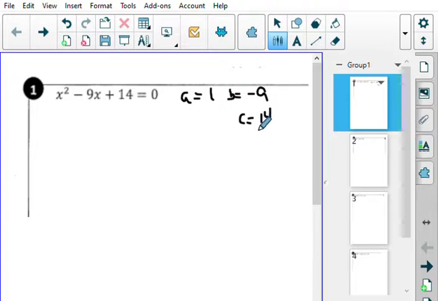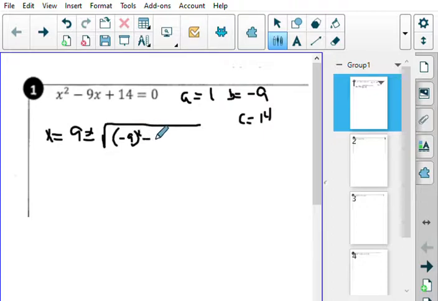All right, so now we can use our quadratic formula. We get x equals, the first thing is negative b, the opposite of b. b is already negative 9, so that gives me a positive 9. Then we have a plus or minus sign. Then we have a square root. The first thing inside the square root is b squared, so I'm going to put in parentheses my negative 9 squared.